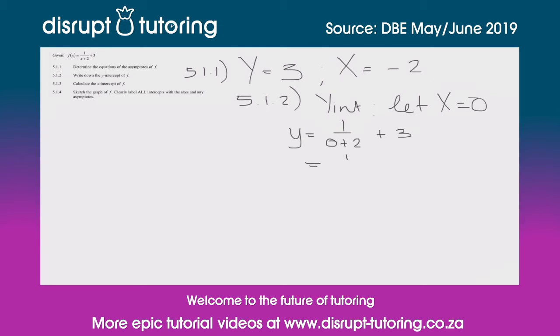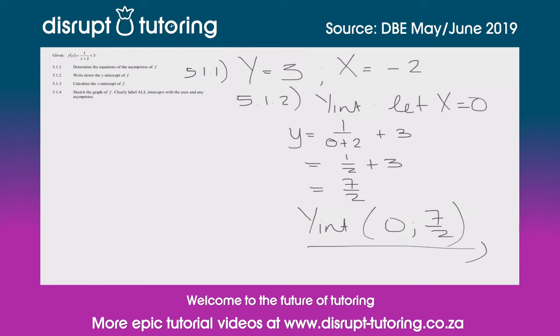And that's going to give us 1 over 2 plus 3, which is going to give us 7 over 2. And that will be the y-intercept. So our y-intercept is therefore going to be 0, 7 over 2.